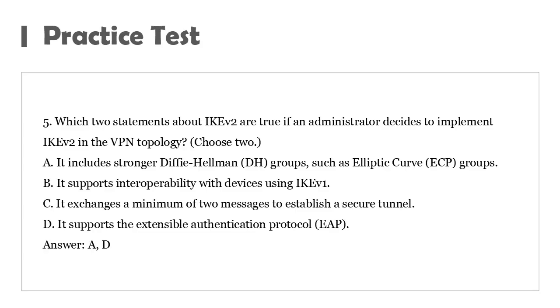B. It supports interoperability with devices using IKEv1. C. It exchanges a minimum of 2 messages to establish a secure tunnel. D. It supports the Extensible Authentication Protocol, EAP. Answer: A, D.